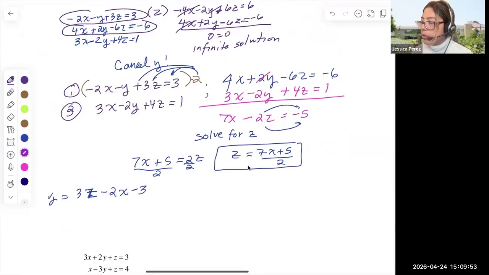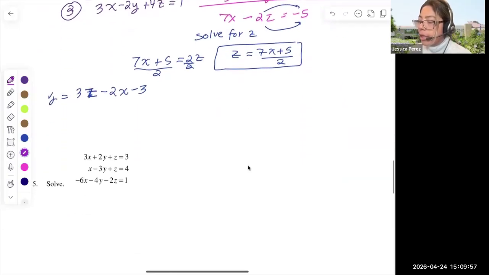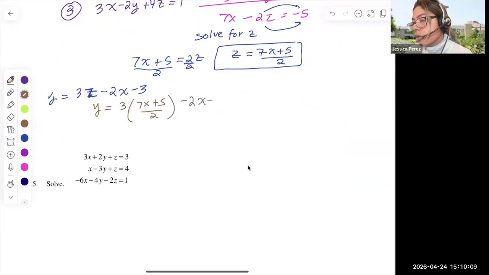Now I'm going to substitute the value of z in there. So y is going to be equal to 3 times 7x plus 5 over 2 minus 2x minus 3. Notice that all of them is in terms of x. So x is the independent variable.